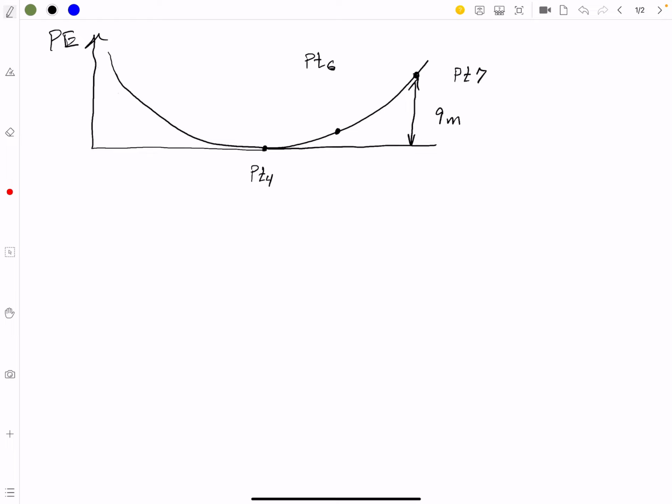Okay, here we're looking at point 0.4 at the very bottom. We've got 0.6 a little bit, 3 meters off the bottom. And then we've got 0.7, which is 9 meters off the bottom. And the question is, what happens at 0.7?